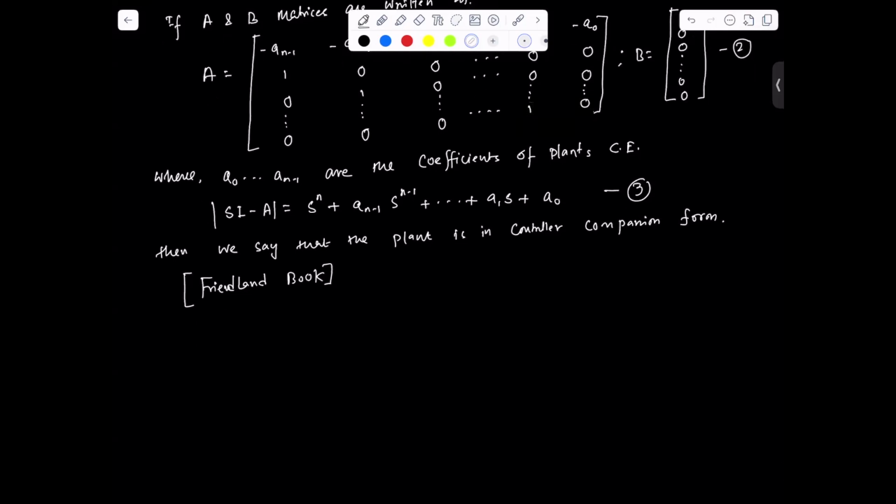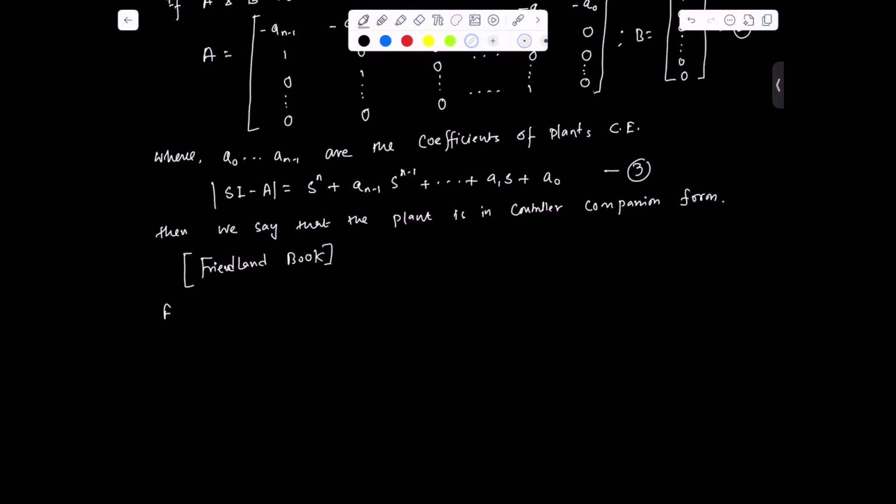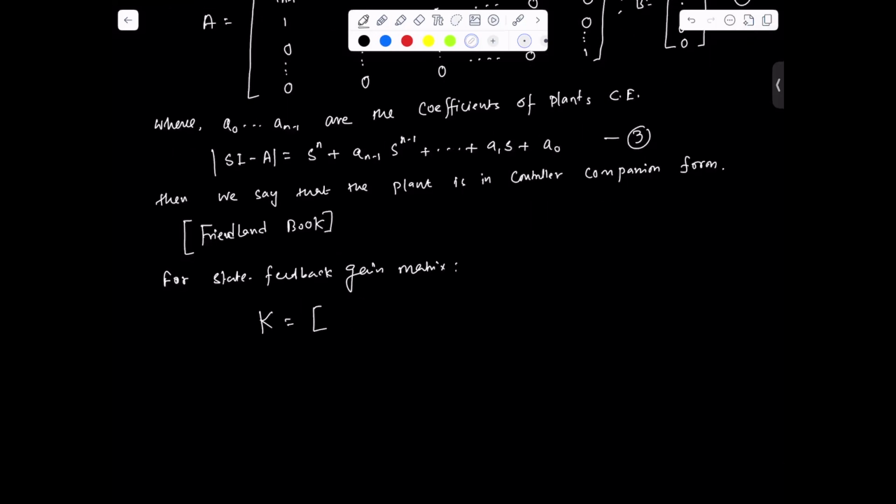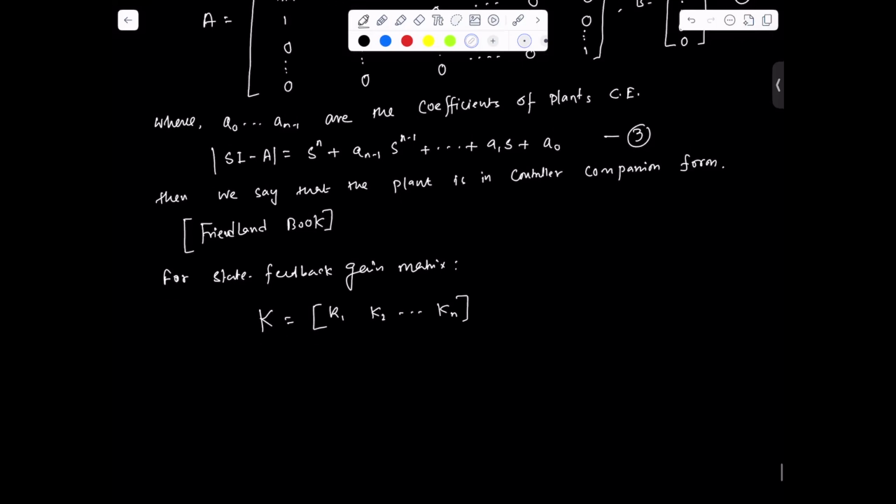Now, as you have done for state feedback control, the state feedback gain matrix is k equal to k1, k2, dot dot dot kn, because we are controlling n number of states.